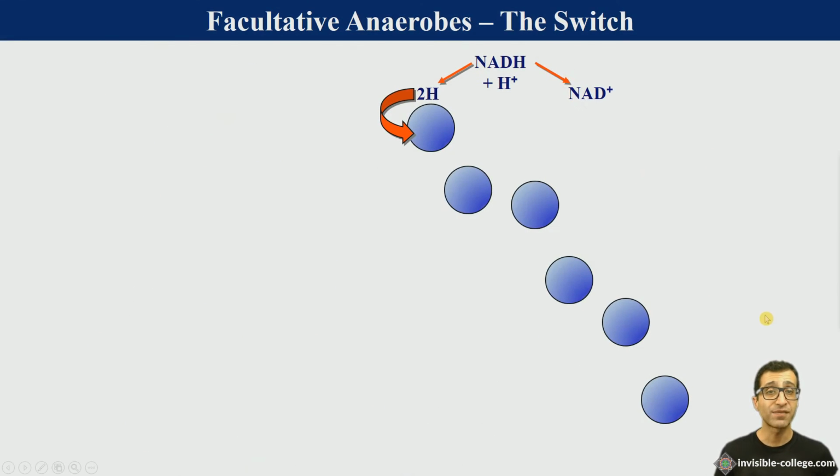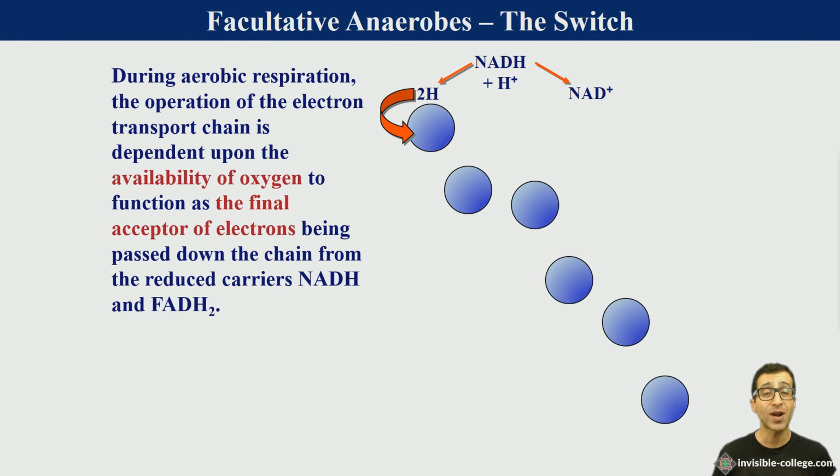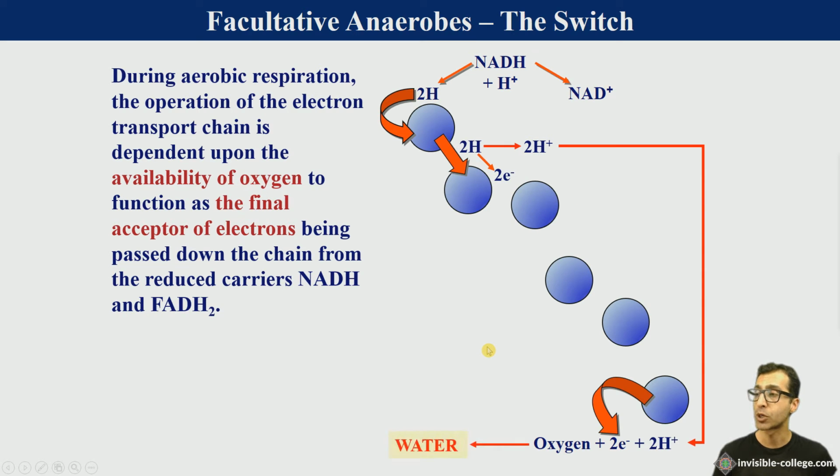For facultative anaerobes, during aerobic respiration, the operation of the electron transport chain, as we'll see, is dependent upon the availability of oxygen to function as the final electron acceptor. The electrons are passed down the electron transport chain to successively lower energy levels, but the final acceptor of those electrons is the oxygen molecule, and in doing so it combines with two protons to form the water molecule.